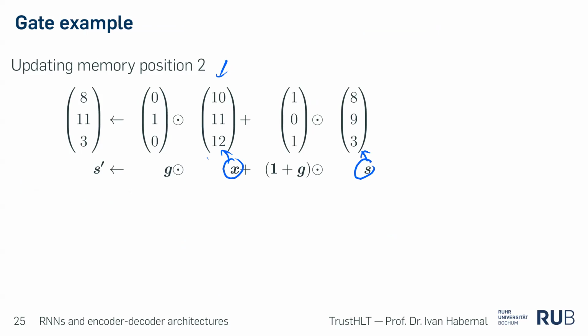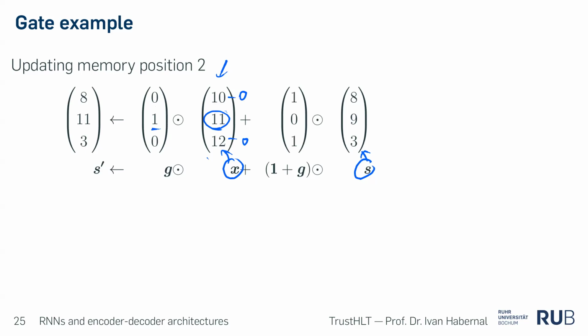We take the gate and multiply element-wise with the current input, which basically means everything which is 1 will be taken and everything else will be 0. Multiplying by a binary vector means you just take the positions where it's 1. So just the second position will be kept. So far so good? Good. Hadamard product, very fancy thing, but you just take element-wise multiplication.